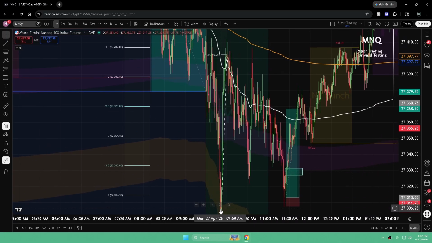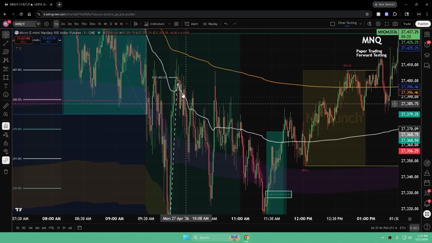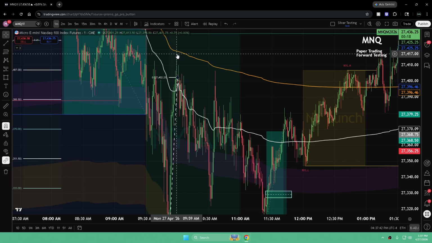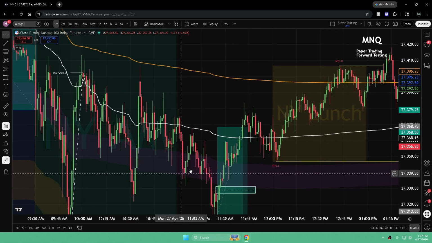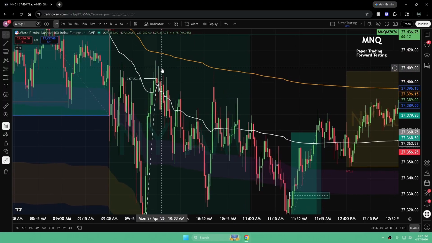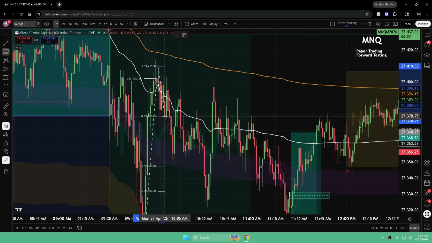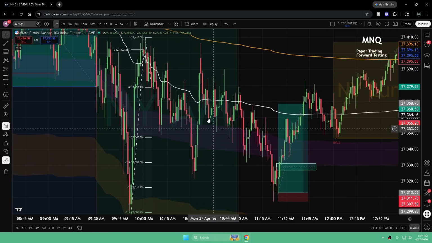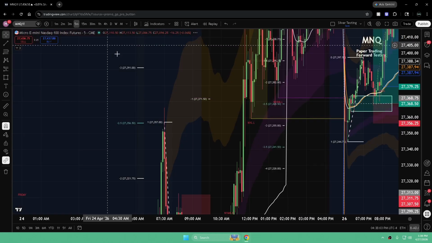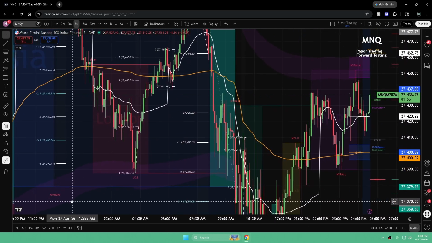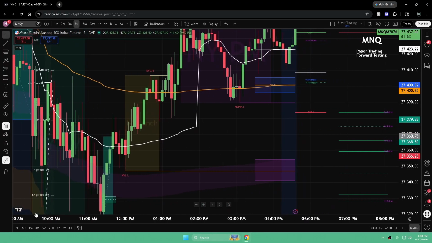If you don't believe that works, then you could wait for 10 o'clock right here, and you could take the manipulation leg. So it would be this wick to this candle body right here, and then we go on the 5-minute.